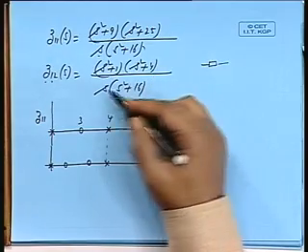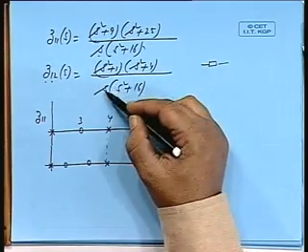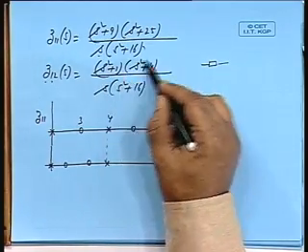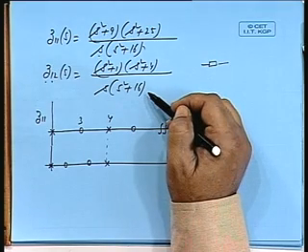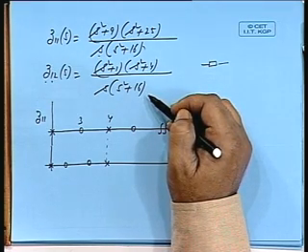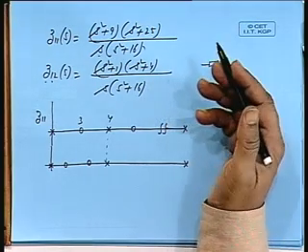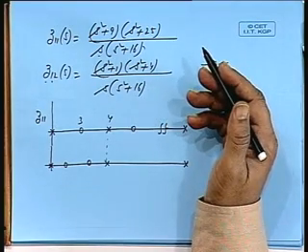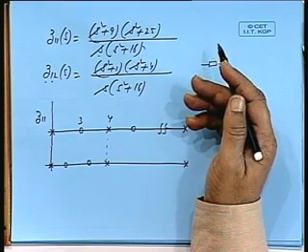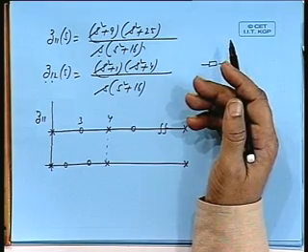Okay, we will discuss it later on. See, the poles and zeros need not come alternately. So, they need not be positive real functions. Is that clear? Any question?